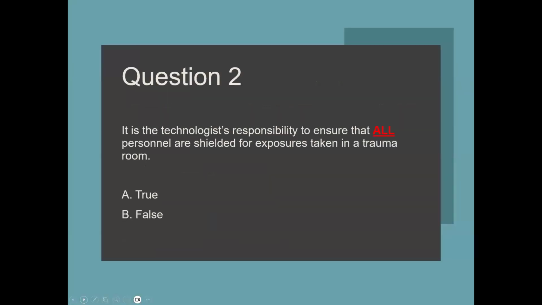Question 2. It is the technologist's responsibility to ensure that all personnel are shielded from exposures taken in a trauma room. That is very, very true. It is your responsibility because that is our ultimate position. That's what we do. Very good, guys.